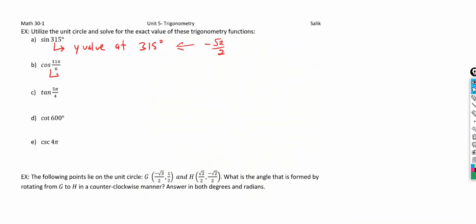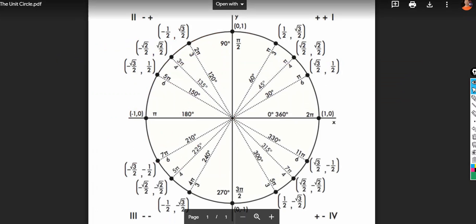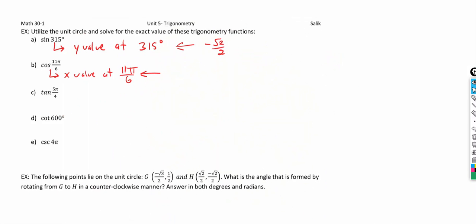So this is really the x value at 11 pi over 6. So that was 11 pi over 6, root 3 over 2. There, don't even need a calculator on these ones, right? And that's kind of the thing. We're going to be doing these where you wouldn't even need a calculator if you have that unit circle utilized.